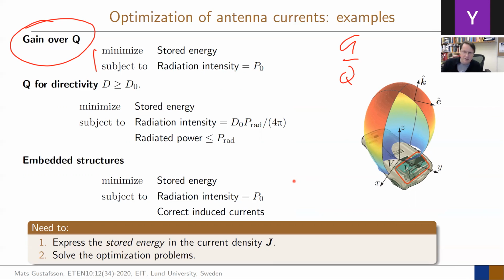In physical terms, you should have a low amount of stored energy and a high radiation intensity. And that's actually an optimization problem you can look at. If you would like to have more directivity, you can add these as constraints. If you have embedded antennas, you can have some induced currents in these cases.